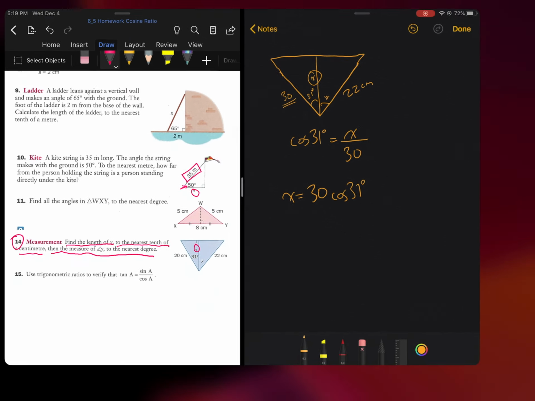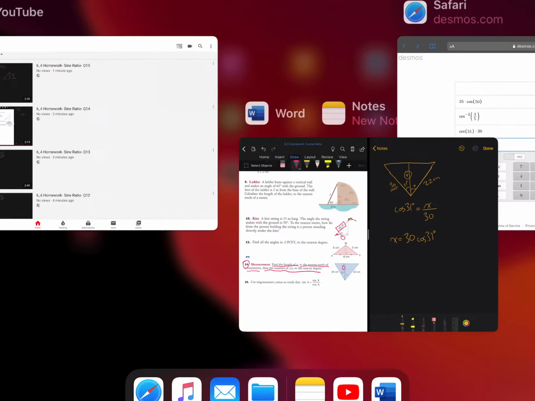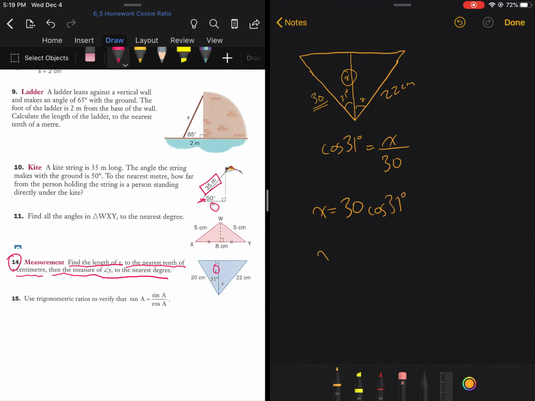What did we say that was? 25.7. So x equals 25.7 centimeters. So how do we find angle y? Well, cos of y is equal to adjacent over hypotenuse: 25.7 over 22, which is our hypotenuse.